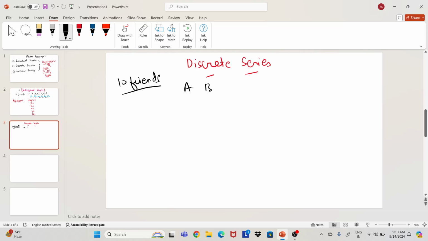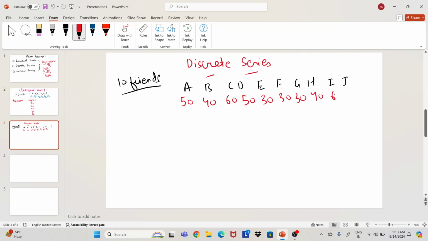Your 10 friends are A, B, C, D, E, F, G, H, I, and J. And their weights are 50 for A, 40 for B, 60 for C, 50 for D as well, and 30 for E, 30 for F, 30 for G, and 40 kgs for H, and 60 kgs for I, and 60 kgs for J. So in this case, how will you represent the data?